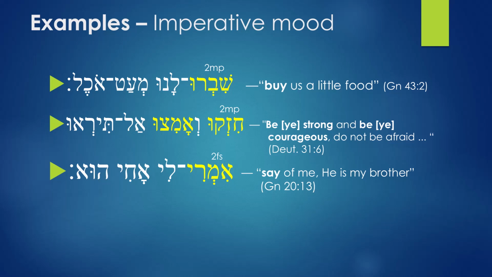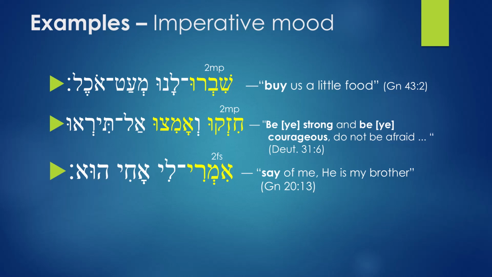And Amar means he said. So Imri means say, it's a command. Imri, say. Li, that li is preposition le with pronominal suffix. It means to me. But context here makes us translate it as of me, say of me, say about me.